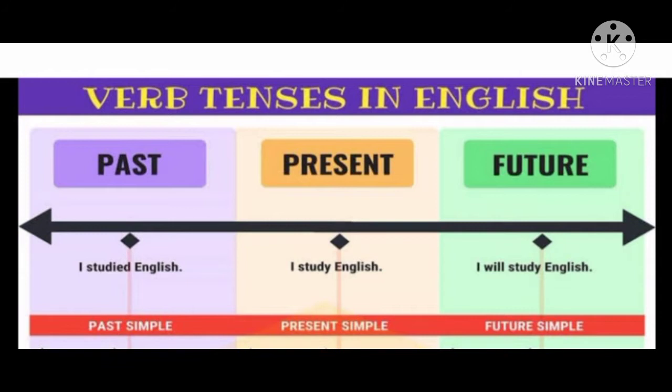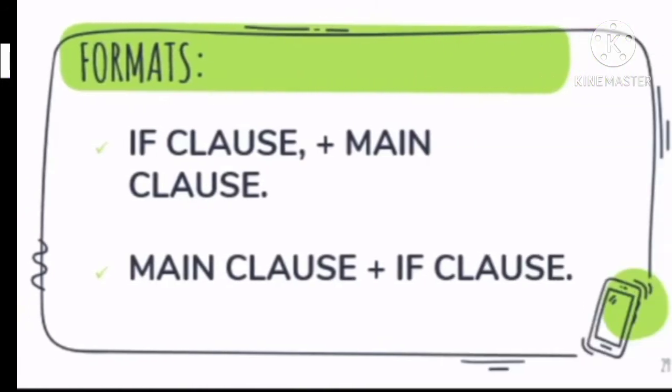In forming simple present tense, you need to add S or ES to the verb, or if necessary, you can also remain on its base form. Then last, the simple future, which we form by adding will or shall and then the base form of the verb and then the rest of the sentence.